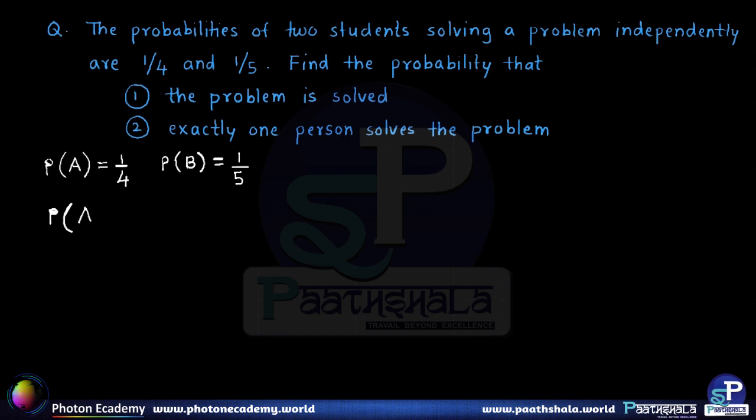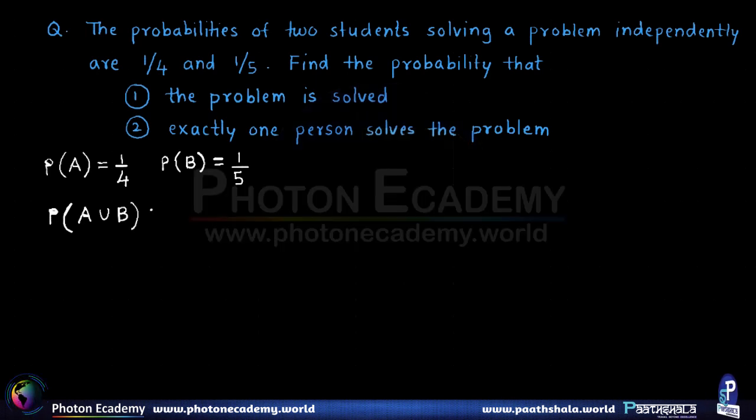Now we know that probability of A union B is given by the addition theorem: probability of A plus probability of B minus probability of A intersection B. So let us write that.